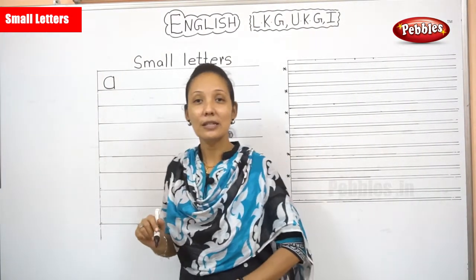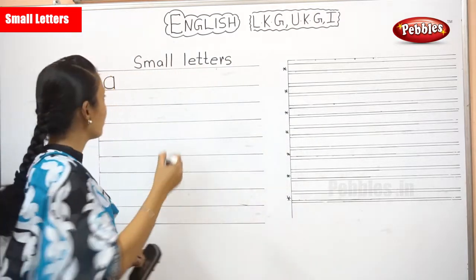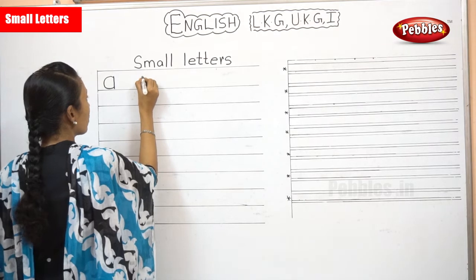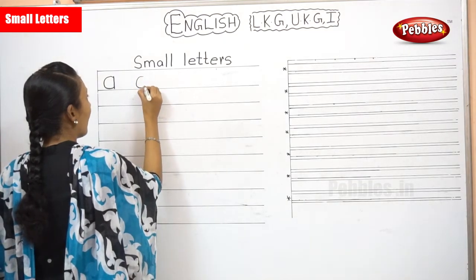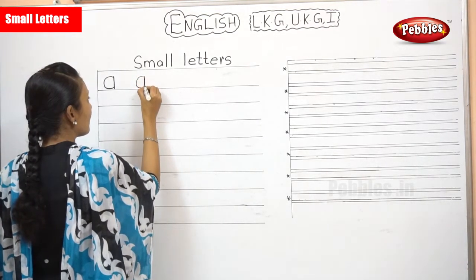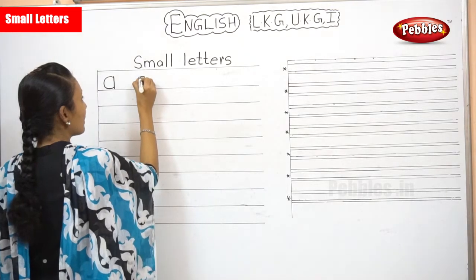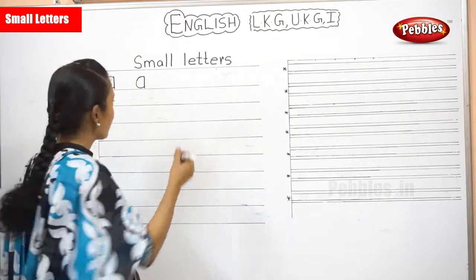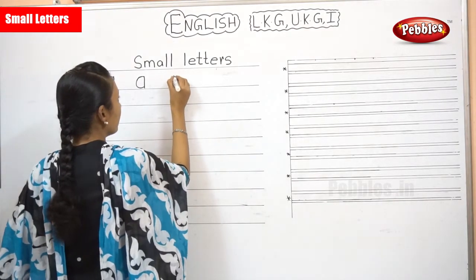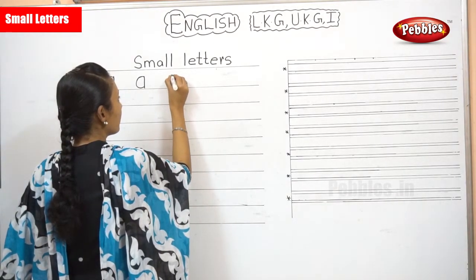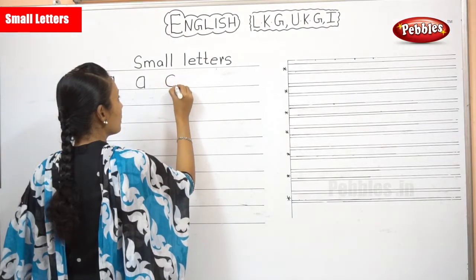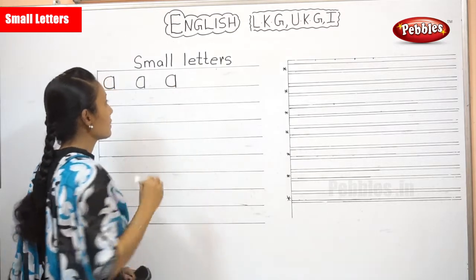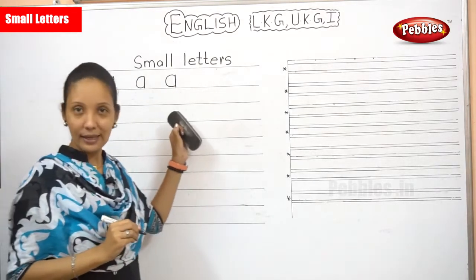Your alphabet is A. So once more I will show you your curve and your standing line. This is called small a.